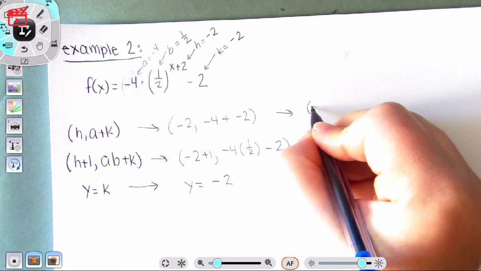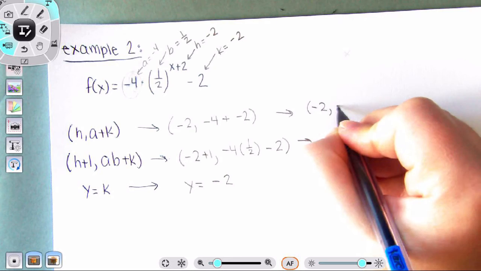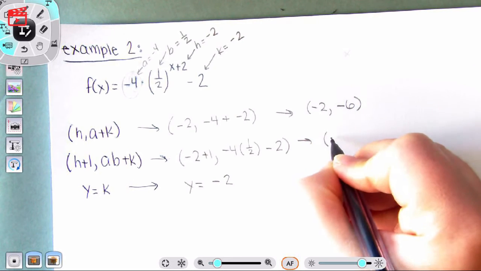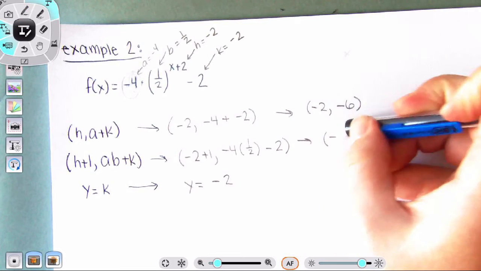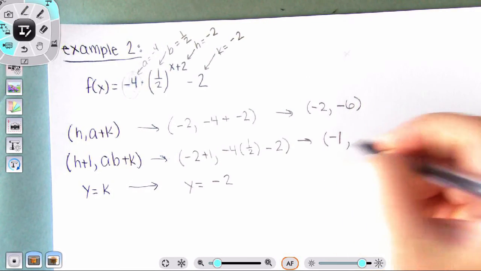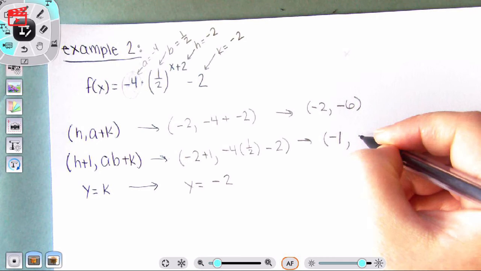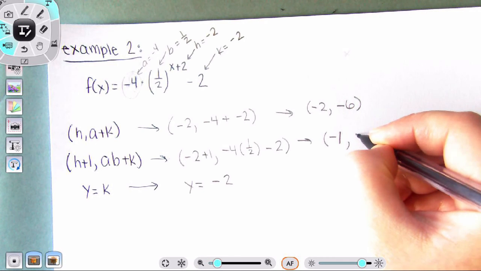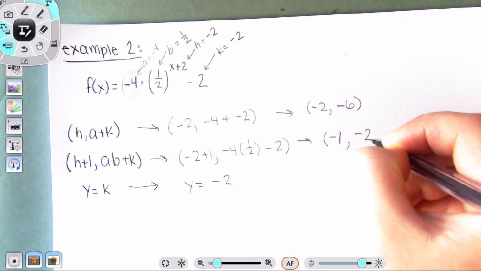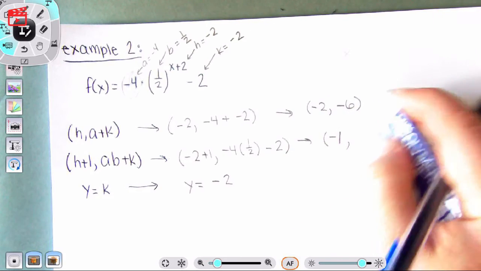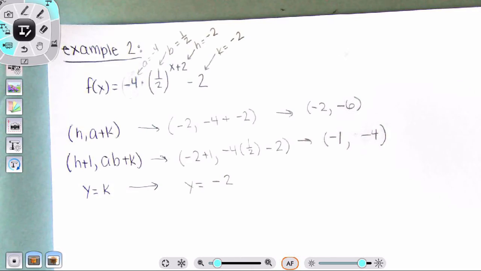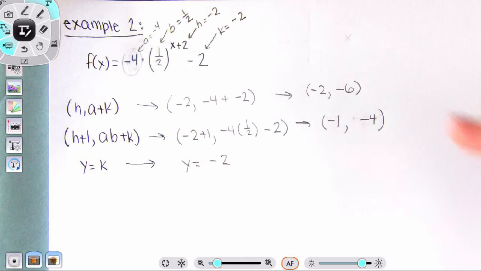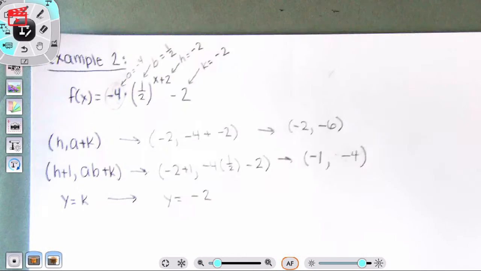So I have my first point as -2 and -6. Here I have -3, just kidding, -1. And what is this? This is -2 minus 2, and that is -4. All right, got your 2 reference points, got your asymptote. You are ready to graph.